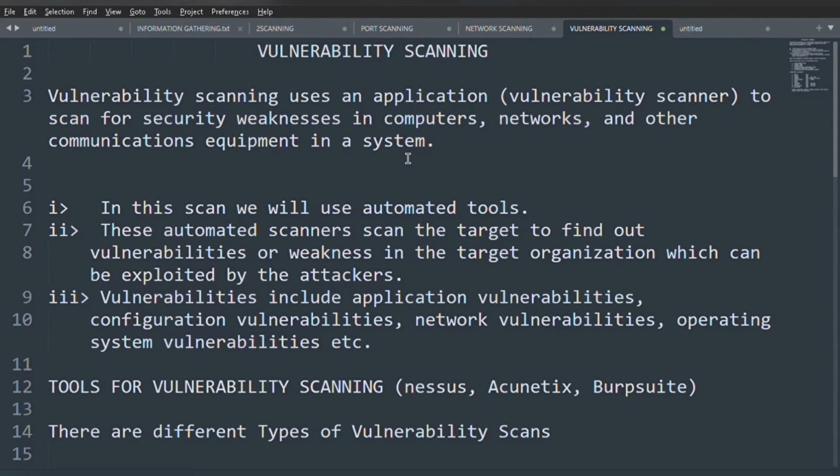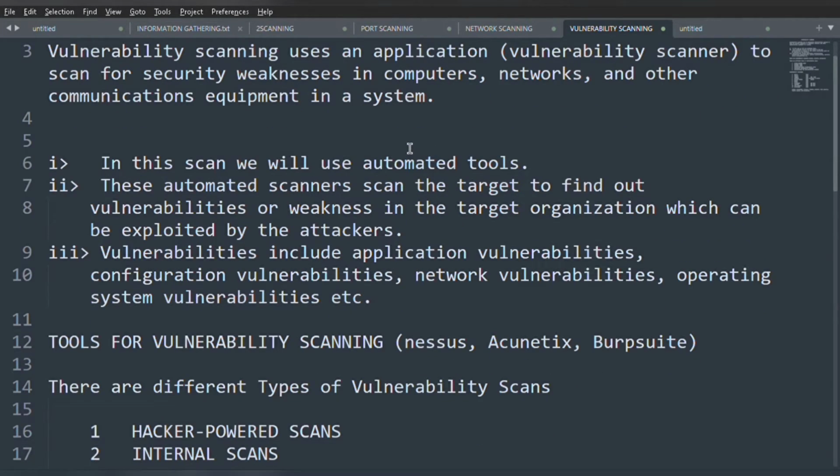These automated scanners scan the target to find vulnerabilities or weaknesses in the target organization which can be exploited by an attacker. Vulnerabilities include application vulnerabilities, configuration vulnerabilities, network vulnerabilities, operating system vulnerabilities, and many more. The main essential tools for vulnerability scanning are Nessus, Acunetix, and Burp Suite.